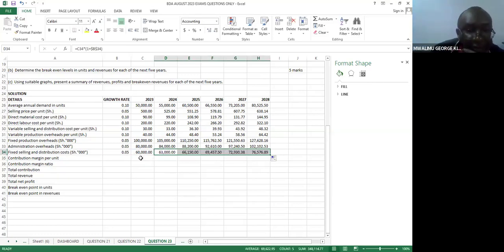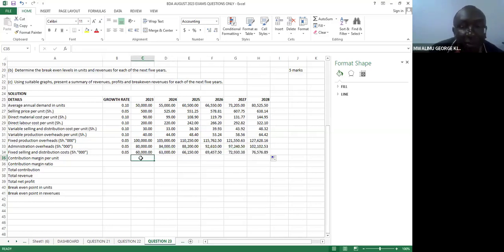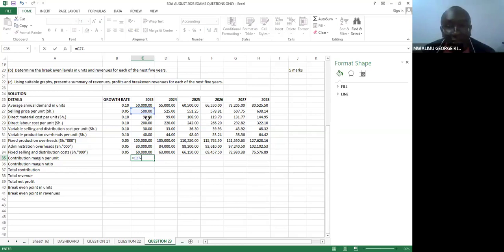Now the contribution margin per unit. Contribution margin per unit is always given as the selling price, this one, minus the variable cost per unit. So the variable cost per unit, we have this material, we have this labor, we have this variable selling, and we have this variable production.